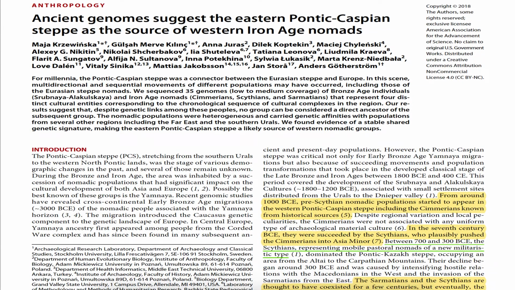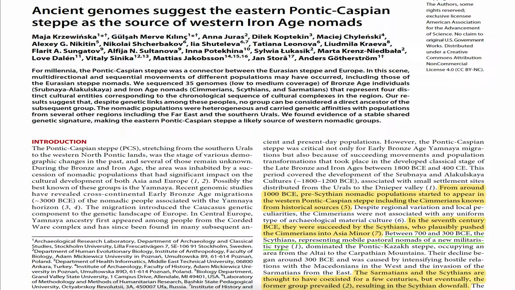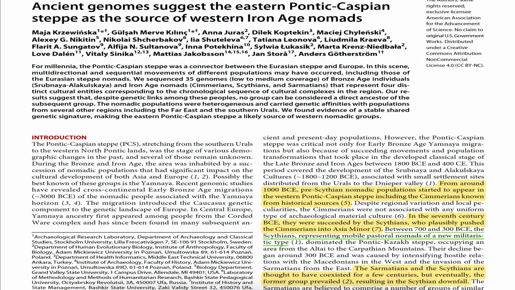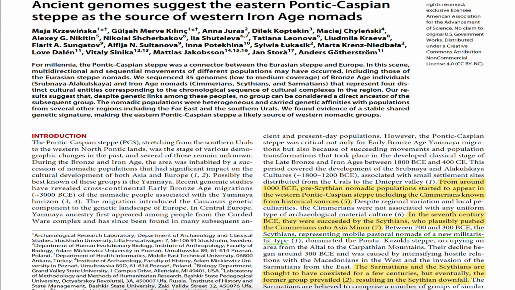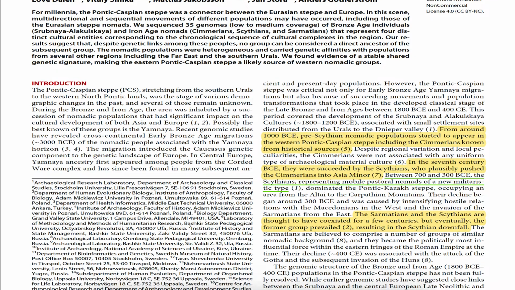From around 1000 BCE, pre-Scythian nomadic populations started to appear in the western Pontic Caspian steppe, including the Cimmerians, known from historical sources. In the 7th century BCE, they were succeeded by the Scythians, who plausibly pushed the Cimmerians into Asia Minor.